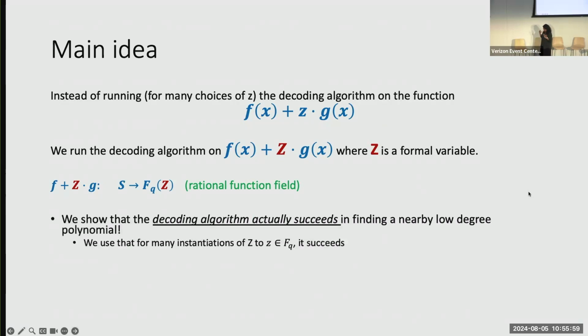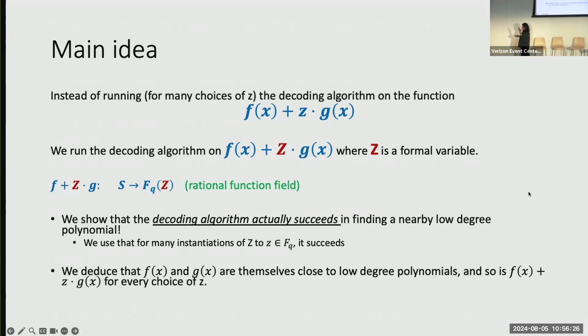And what we eventually show is that the decoding algorithm does succeed when we run it on this larger space. And the way we show that the decoding algorithm succeeds is by using that for many evaluations of capital Z to little z, it succeeds. And then we want to stitch all that information together to show that even for the global variable capital Z, it succeeds.